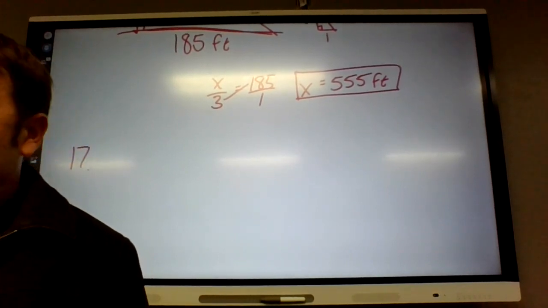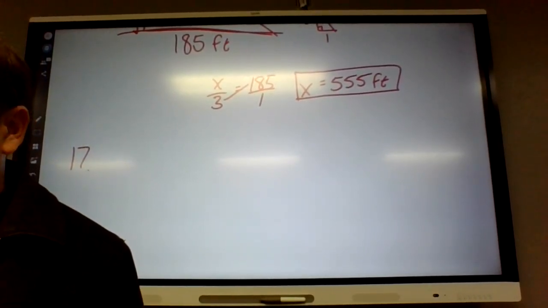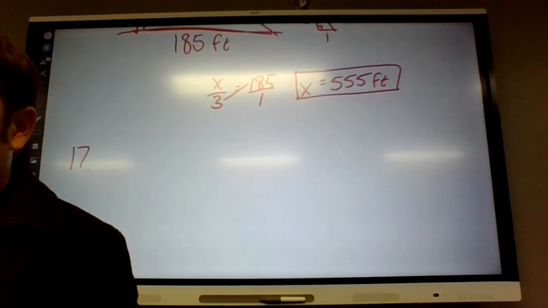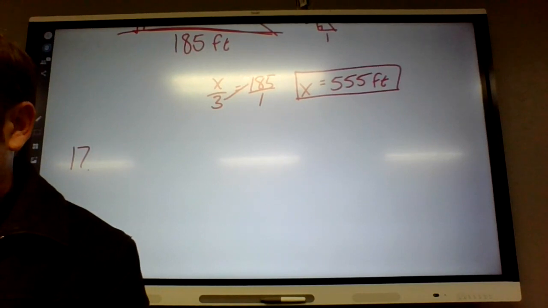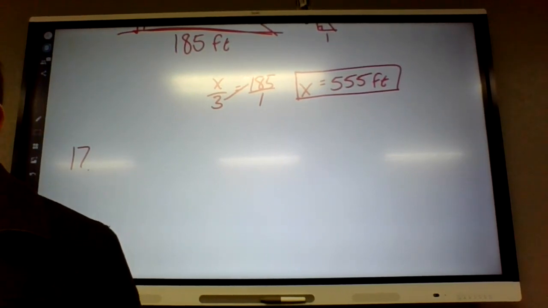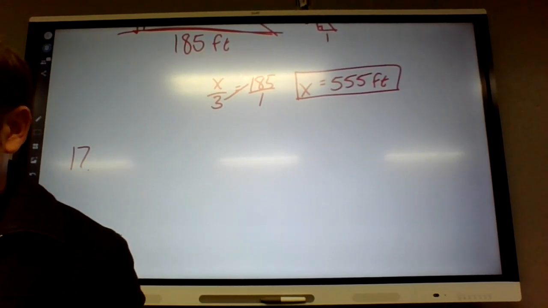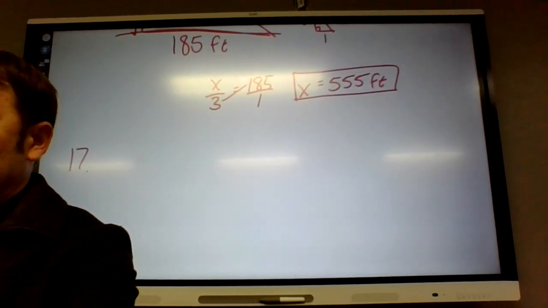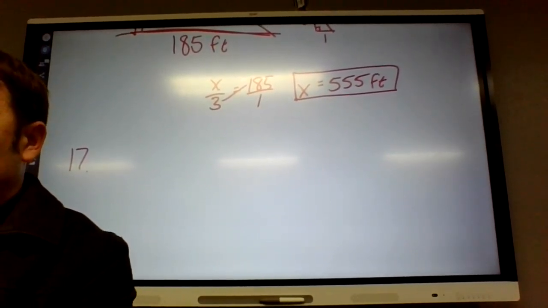Okay, let's say it this way: 10 on the little triangle matches what on the big triangle? 50. Okay, I thought you guys would get tricked by that. Since 10 is smaller than 12, 50 is smaller than 60. Yeah, 10 is to 50 as 9 is to x, basically. That would be pretty easy.